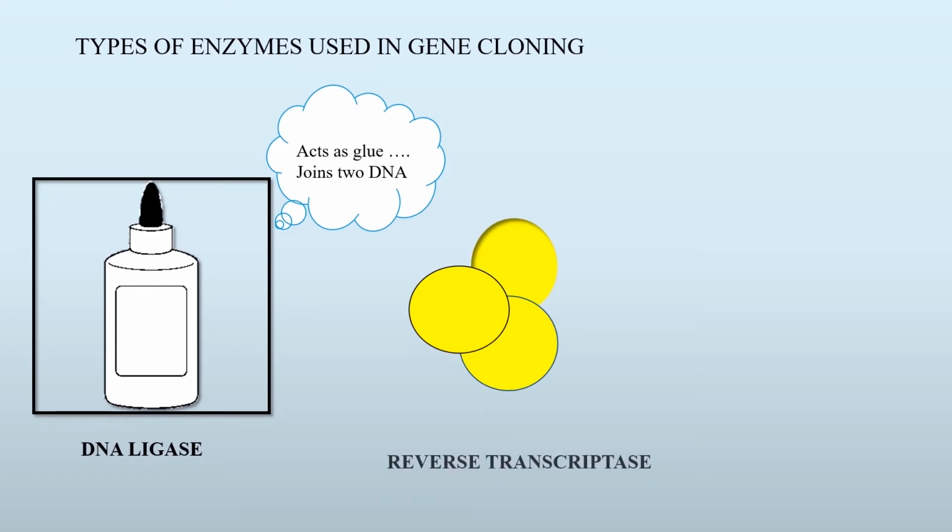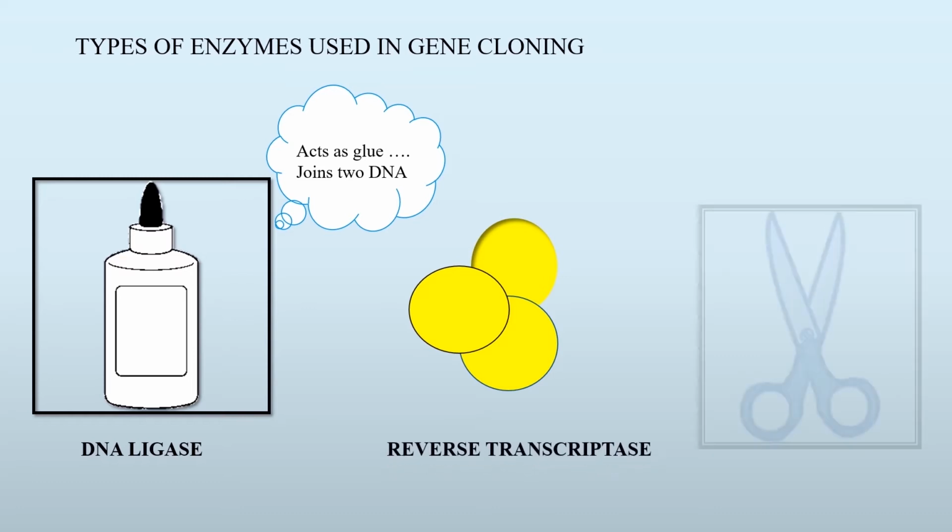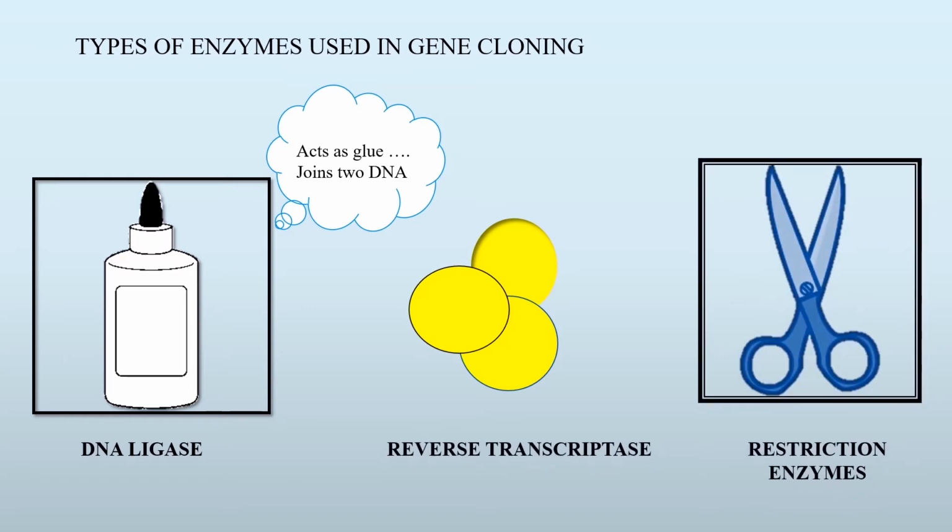This enzyme is used to synthesize the complementary DNA by using messenger RNA as template. Restriction enzymes. The restriction enzymes that act as molecular scissors cut both strands of double-stranded DNA.